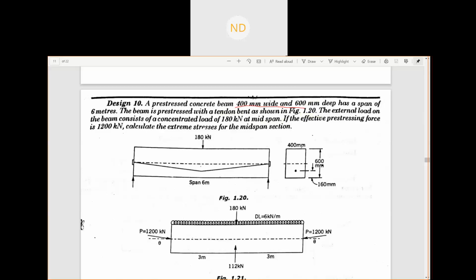The beam is pre-stressed with a bend tendon as shown in the figure. The external load on the beam is 180 kilonewton at the midspan, at the center. If the effective pre-stressing force is 1200 kilonewton, calculate the extreme stresses.